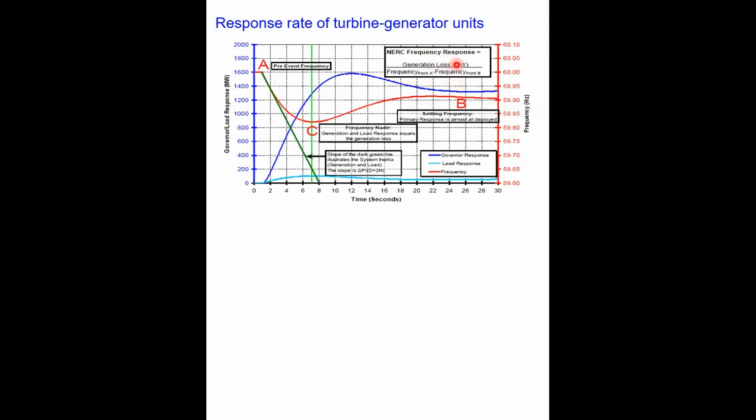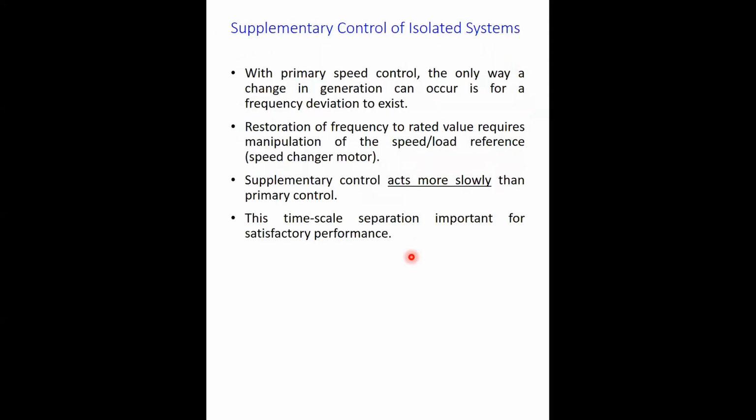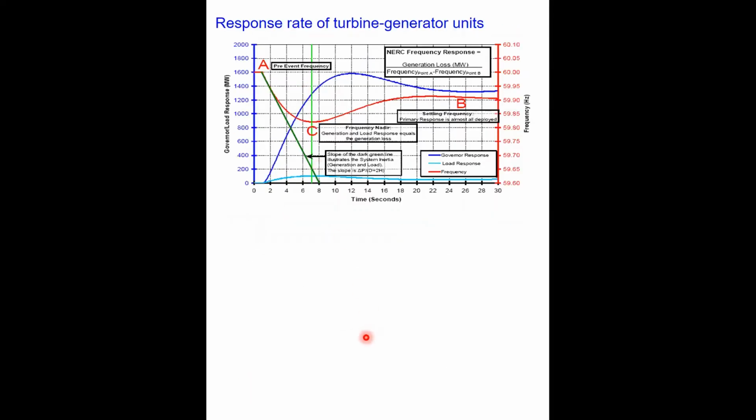That means they define the frequency response characteristic in terms of these two quantities. So with the primary control, maybe I will stop here and we will continue later.